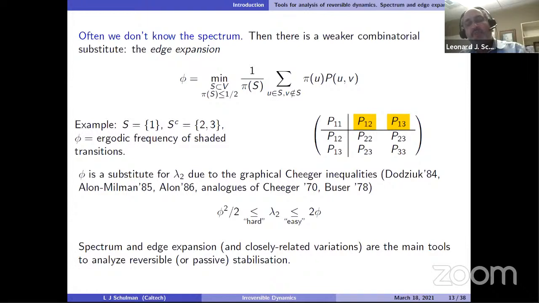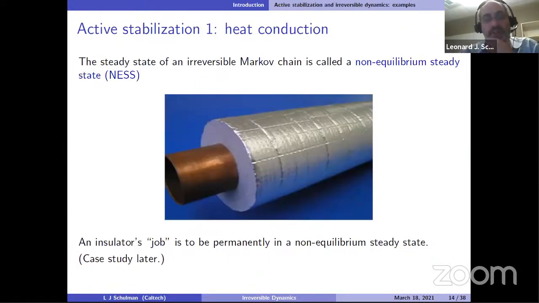So lambda 2, the eigenvalue gap here, and now we're going to get to something I want to focus on a little bit today, is sandwiched between what's called the easy Cheeger and hard Cheeger, that's an informal way of describing these things, by these hard and easy Cheeger inequalities, sandwiched between 2 phi and phi squared over 2. So this is pretty much, in a nutshell, what we do with reversible systems. We bound phi, or we bound lambda by bounding phi, and then we teach whole courses about how to get a handle on phi.